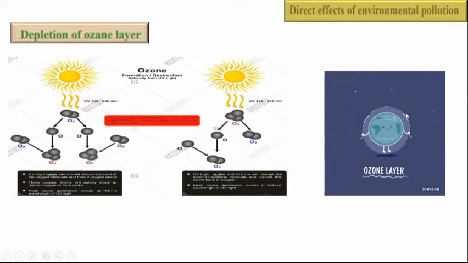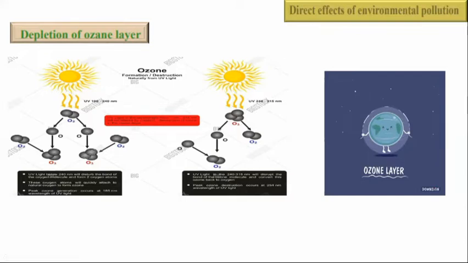It is a thin layer, and its main function is to protect the earth from UV rays, right? At high atmosphere, oxygen absorbs UV radiation and forms atomic oxygen. See here, at high temperature they absorb the UV and form atomic oxygen, right?